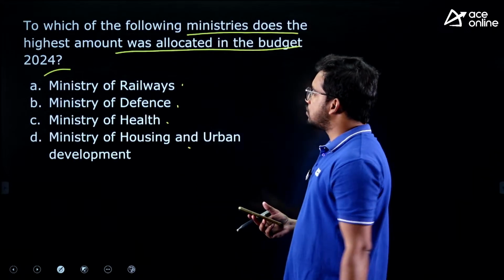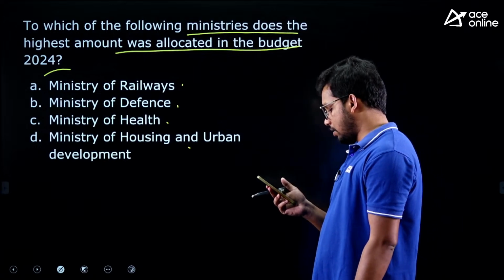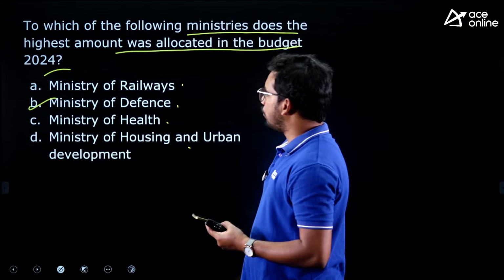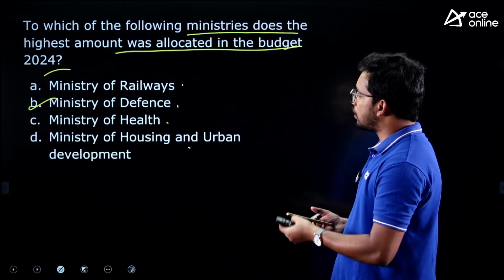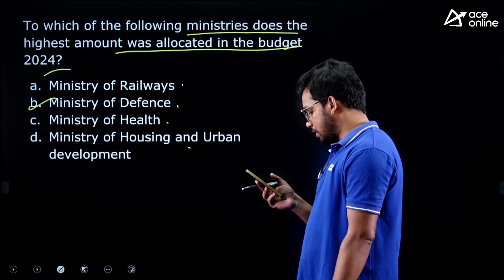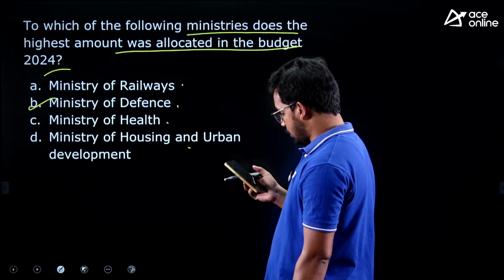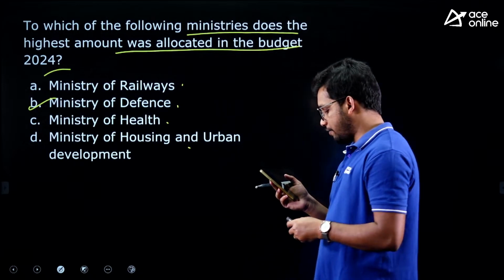Ministry of Railways, Ministry of Defence, Ministry of Health, Ministry of Housing and Urban Development. So yes, we have seen Ministry of Defence. The top three: second is road transport and then third is railways. Sanket and Sai Jashwant have answered it correctly. Ministry of Defence.